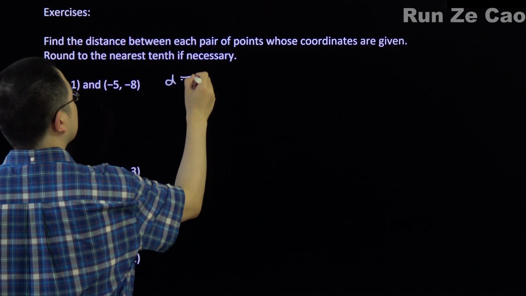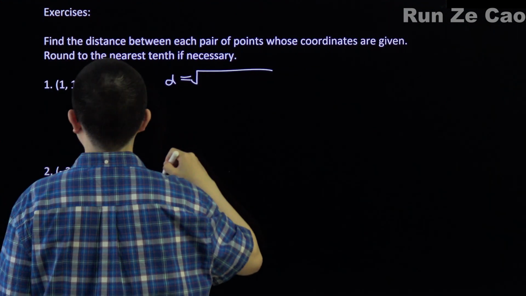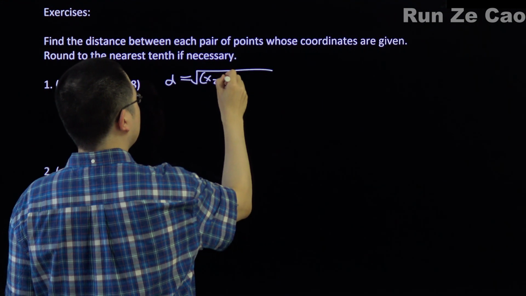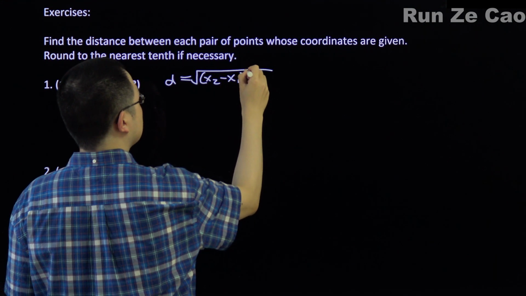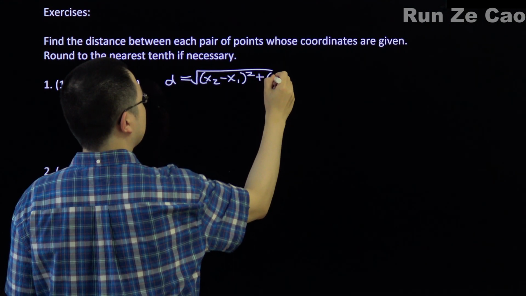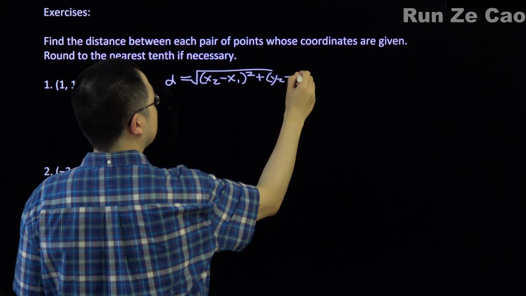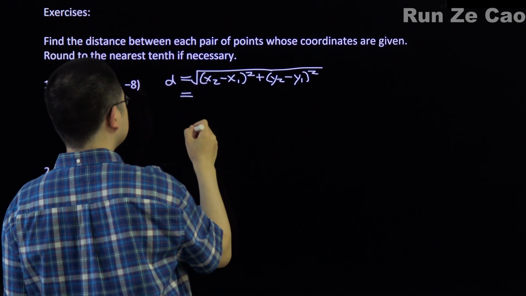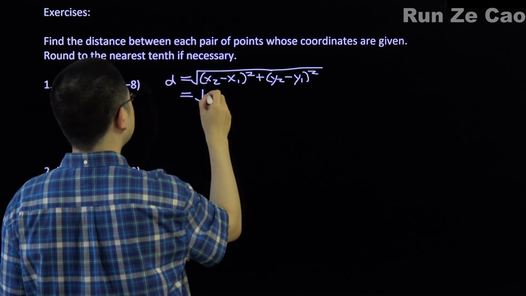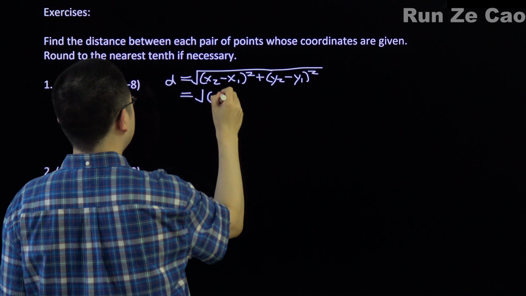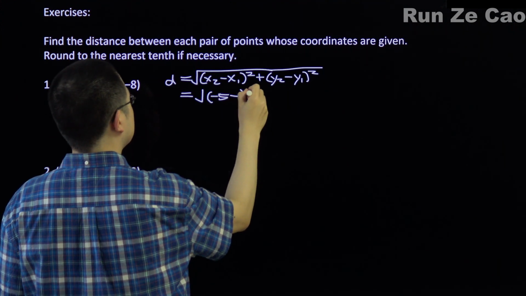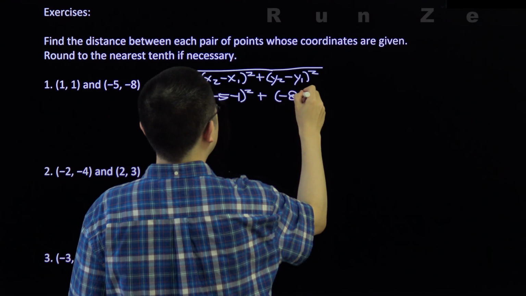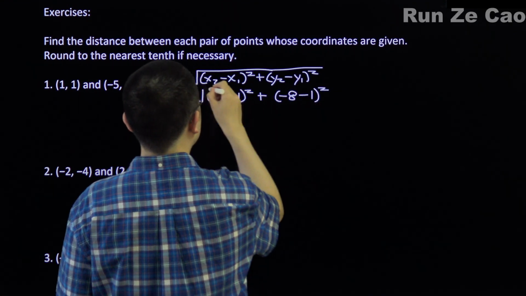Well, the distance is the square root of the difference in x squared plus the difference in y squared. Which means the square root of: difference in x is -5 minus 1 squared, difference in y, -8 minus 1 squared.